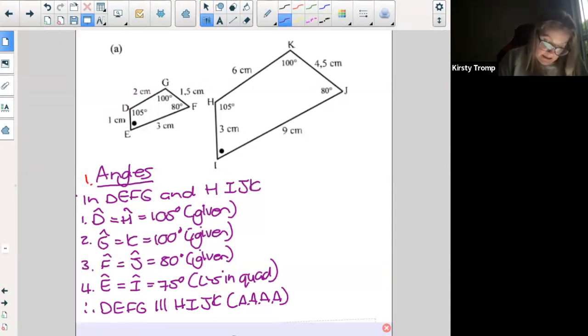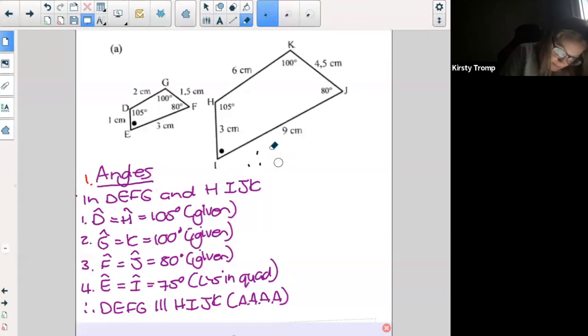Because all the angles are equal, we know that the sides are similar. We could use it to prove similarity, but we could also then say that, therefore, DE over HI, and this is going to be a really weird froggy, so forgive this looking froggy.